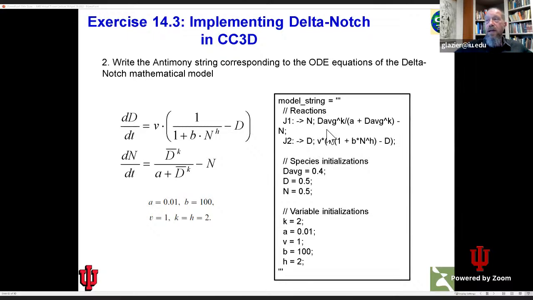J1: nothing goes to N at a rate D_average, because that's the external D, to the K over A plus D_average to the K. Nothing goes to D at a rate V times 1 over 1 plus beta times N to the H, minus T. The average is going to be substituted from my measurements in the simulation, but I have to give it some initial value. I mentioned I'm going to overwrite the initial values of D and N. And I have to give the parameter values.